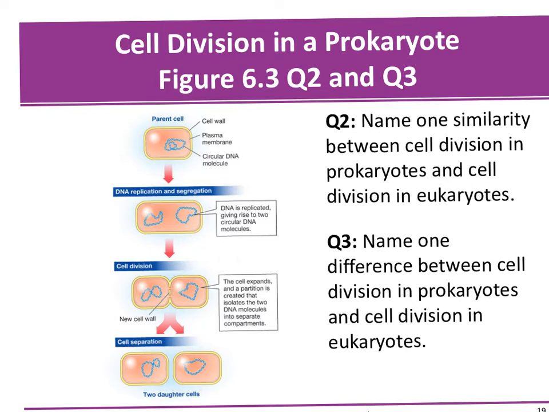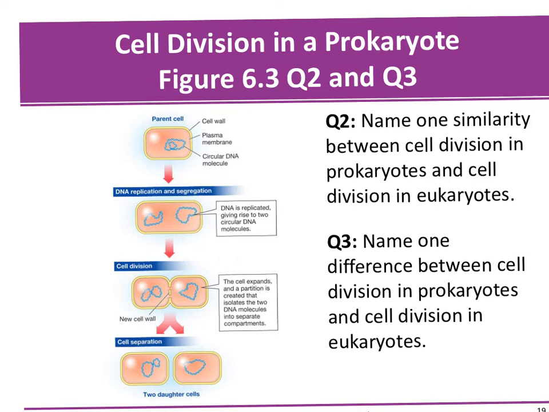It's double-stranded DNA, but it's circular DNA. Then the cell replicates, the DNA replicates, and other things replicate. The cell starts to divide, and then each daughter cell has an identical complement of the full genome of, let's say, the bacteria in this case.